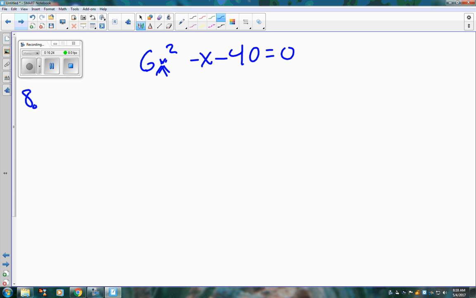Alright, do I have anything that will divide into all 3 numbers? No. So, because I don't have anything that will go into all 3 numbers, I have to use the multiply, divide, slide method. 6 times negative 40 is negative 240. So using the calculators, everyone needs to try to find the factors of negative 240 that will add to give me 1.